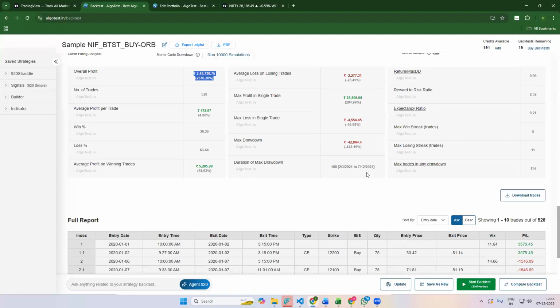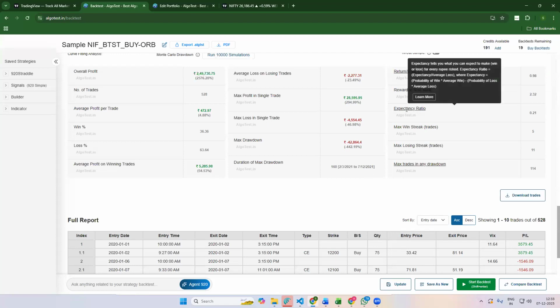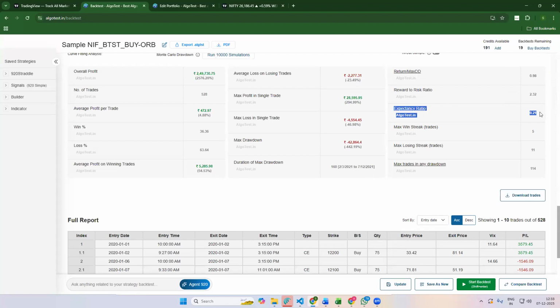Can you explain a bit about the expectancy ratio? Why is it significant in our case? Expectancy ratio for me determines, if it is an option selling strategy, then I will always look for an expectancy ratio of something like 0.6 or 0.7.